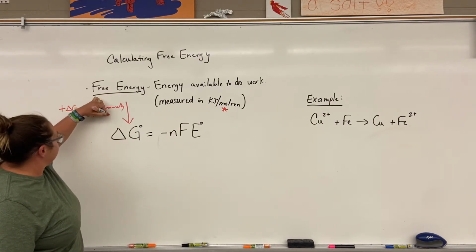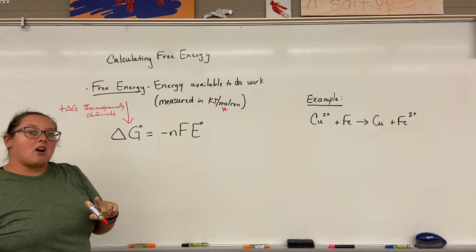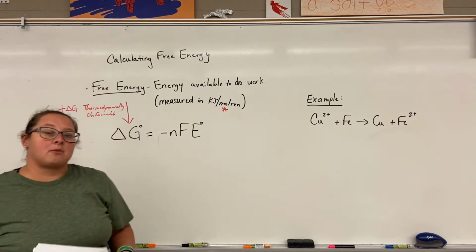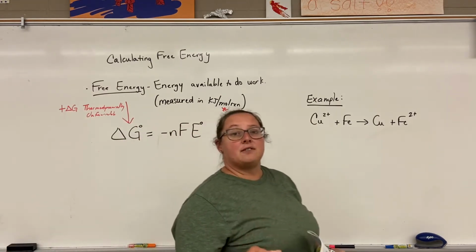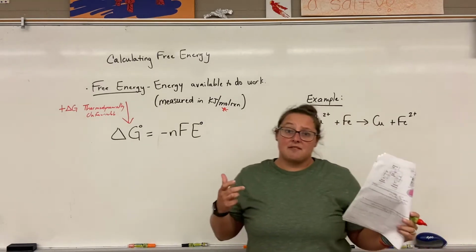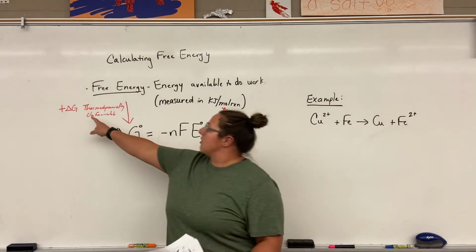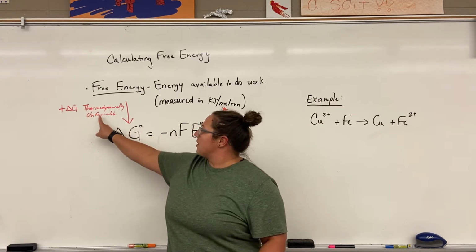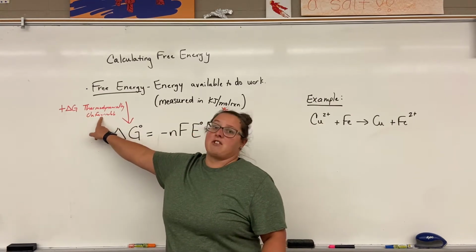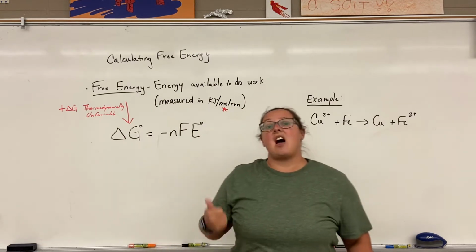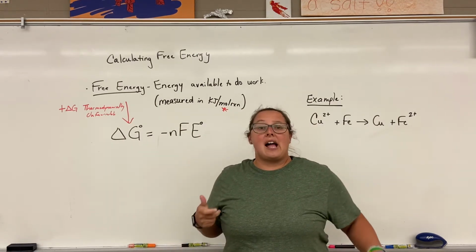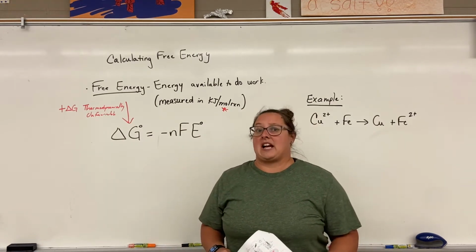Remember we talked about thermodynamically favorable versus thermodynamically unfavorable when we were discussing the difference between galvanic and electrolytic cells. Electrolytic cells are termed thermodynamically unfavorable, which means the reaction does not happen on its own. I have to do something to force the reaction to happen.